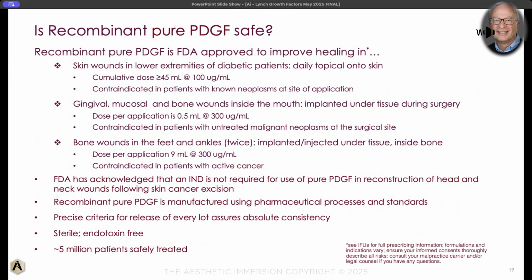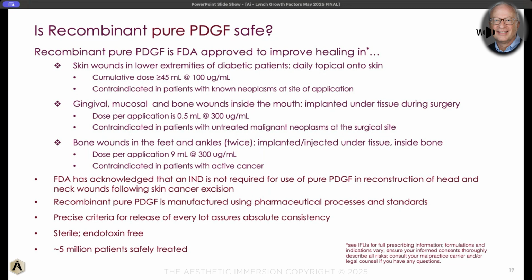Okay, this one is now building on those last few slides, and this is a little bit busy, so I'll just walk you through it quickly. So, recombinant pure PDGF is FDA approved to improve healing and skin wounds in lower extremities of diabetic patients. In that indication, the cumulative dose is 45 mLs of product, 45 milliliters of product at 100 micrograms per mil.